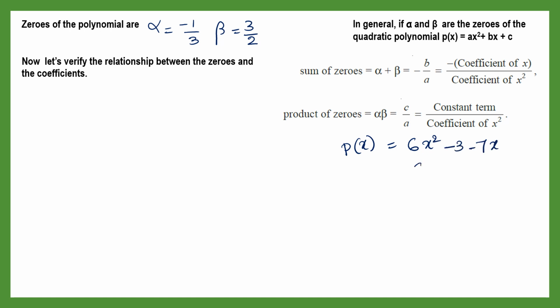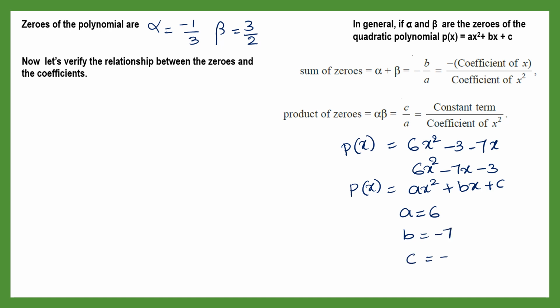If you write this in the order of terms, 6x square minus 7x minus 3. Let's compare with the standard form of quadratic equation, ax square plus bx plus c. So you get a is equal to 6, b is equal to minus 7, c is equal to minus 3. Now let's verify the relationship.